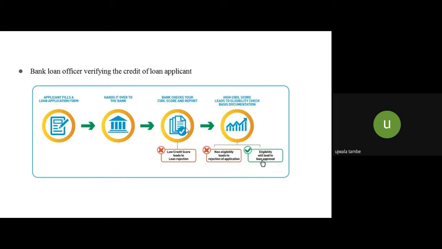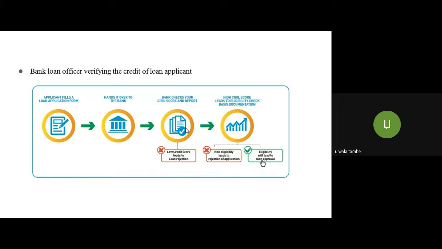Okay, so I think everyone knows about the loan process. What happens? The first phase is the applicant should fill a loan application form, and then that form is submitted at the bank.